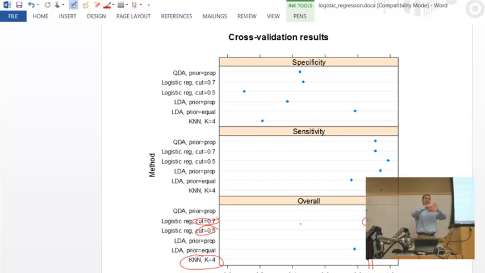And so you can see an overall summary of how well your methods have done. And especially if sensitivity or specificity are very much of interest to you, you can then weigh your sensitivity versus specificity by looking at those other parts of the plot.